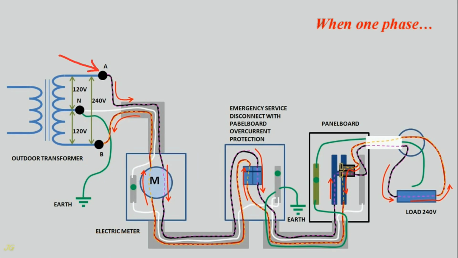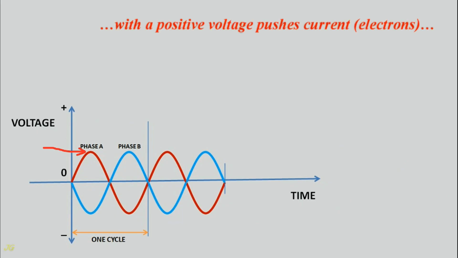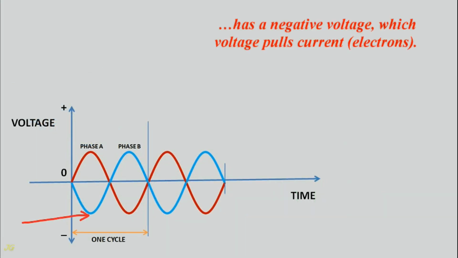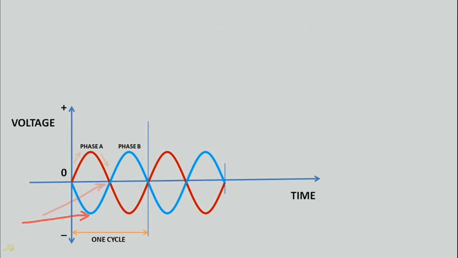When one phase with a positive voltage pushes current, electrons, at the same time the other phase has a negative voltage, which pulls current, electrons.